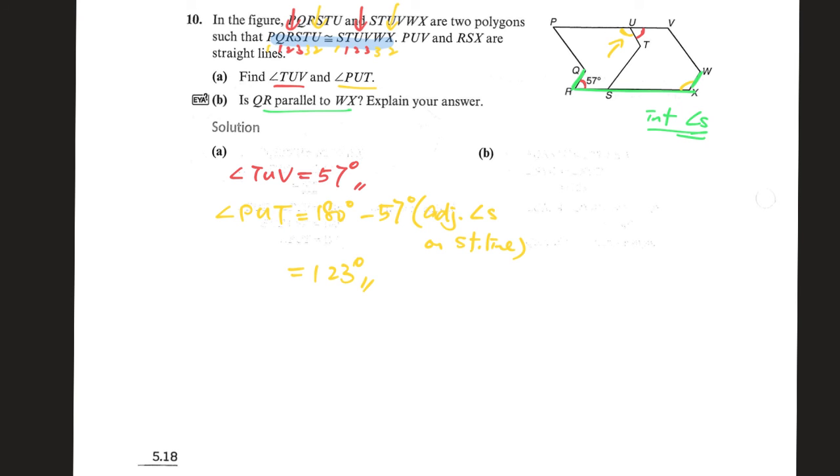In order to see whether it's yes or no, the key will be you need to look at angle X, that we have already found is equal to PUT according to congruent figures. Once again you say angle X, this time we can be a bit lazier and use one letter only, equal to angle PUT, which is 123 degrees because of congruent figures.